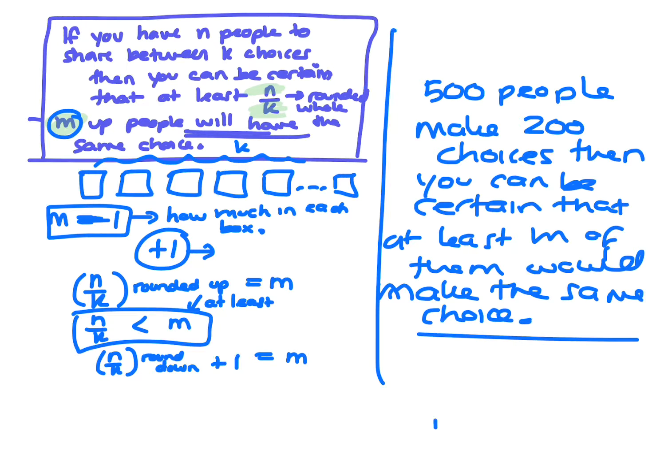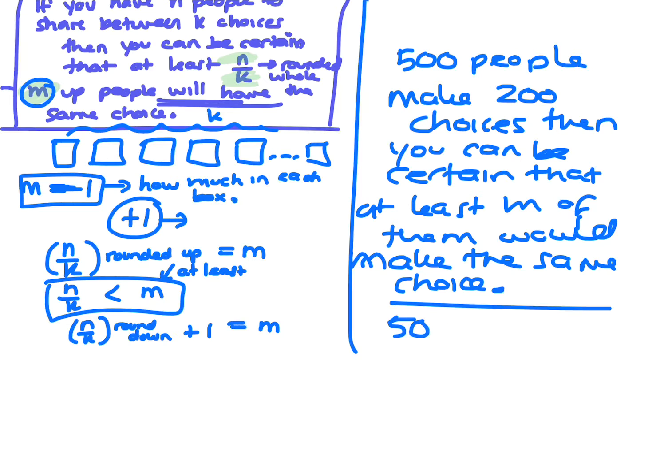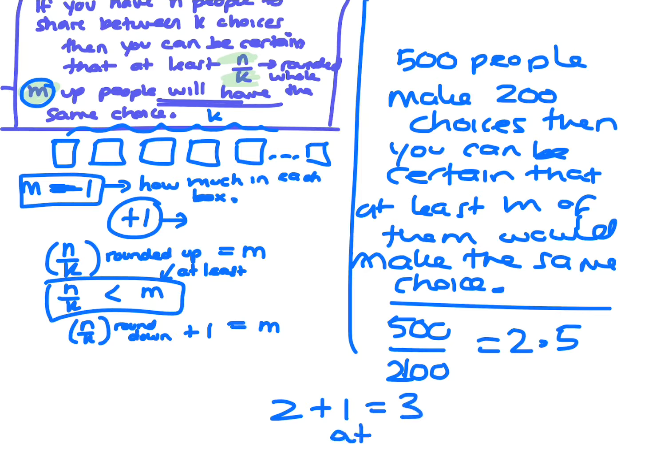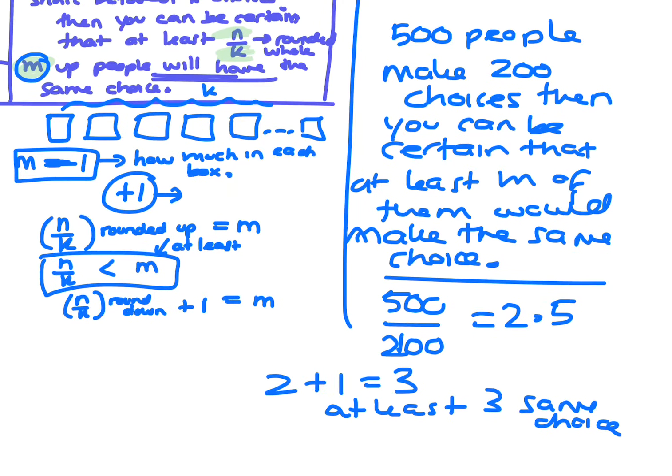So when you're doing that, if you get the 500 and use this rule, 500 divided by 200, you get 2.5. You can round down and get 2, and then you add 1, and there would be at least 3 with the same choice. So that would be your m. So m would have to equal 3.